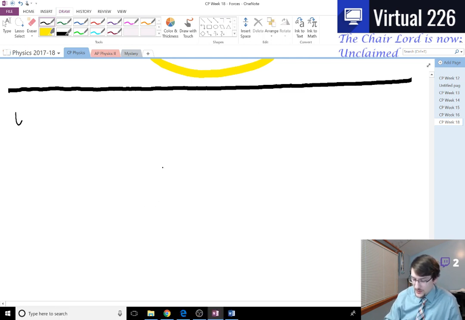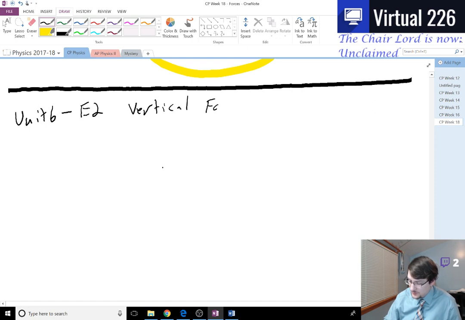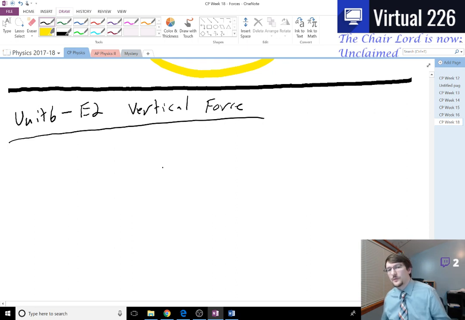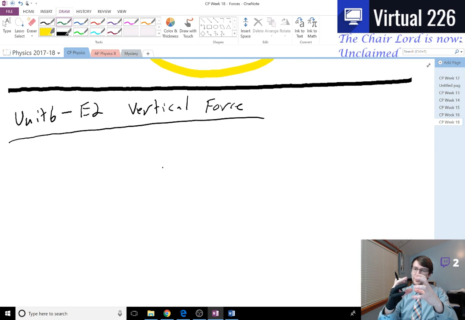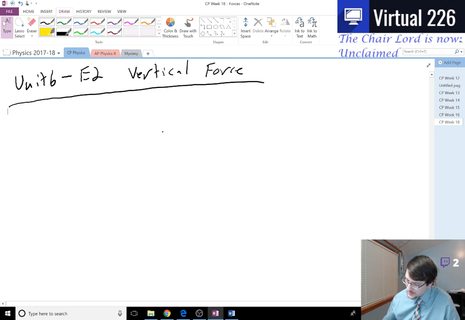This is how we do a Unit 6 E2 problem. It is a vertical force. Something that we want to remember with vertical forces is that an object with mass just sitting there in a gravitational field, so basically wherever, because gravity's infinite.